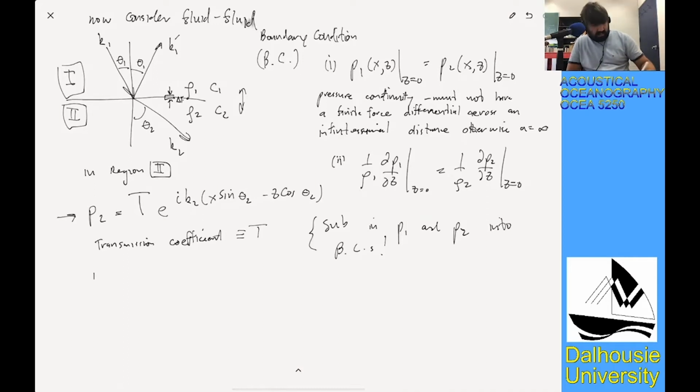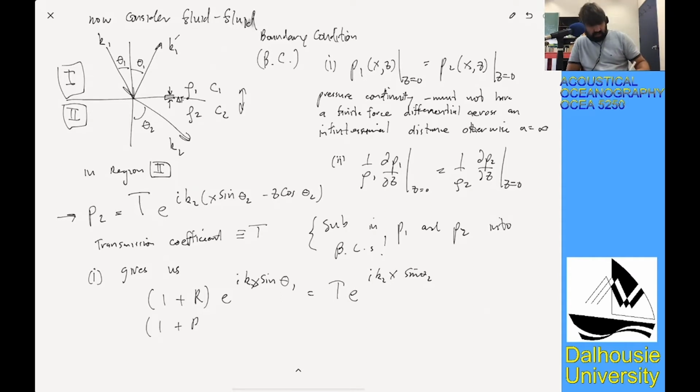Okay, so when we do that, 1 gives us, we get 1 plus r e to the I kx sine theta 1 equals t e to the I k2 x sine theta 2, right? And we can just do nice simplification.